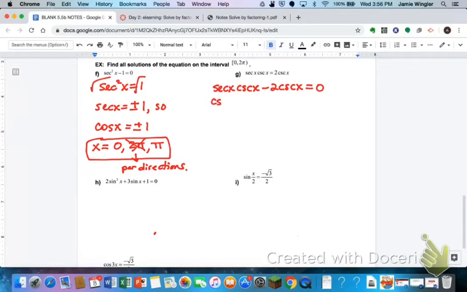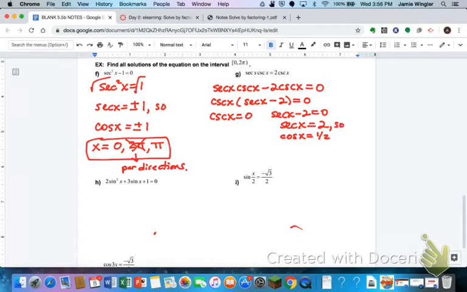I can factor out a cosecant, which leaves me with secant of x minus 2. Once I get it factored, I can set each factor equal to 0. So I get secant of x equals 2, which means cosine of x equals 1/2.